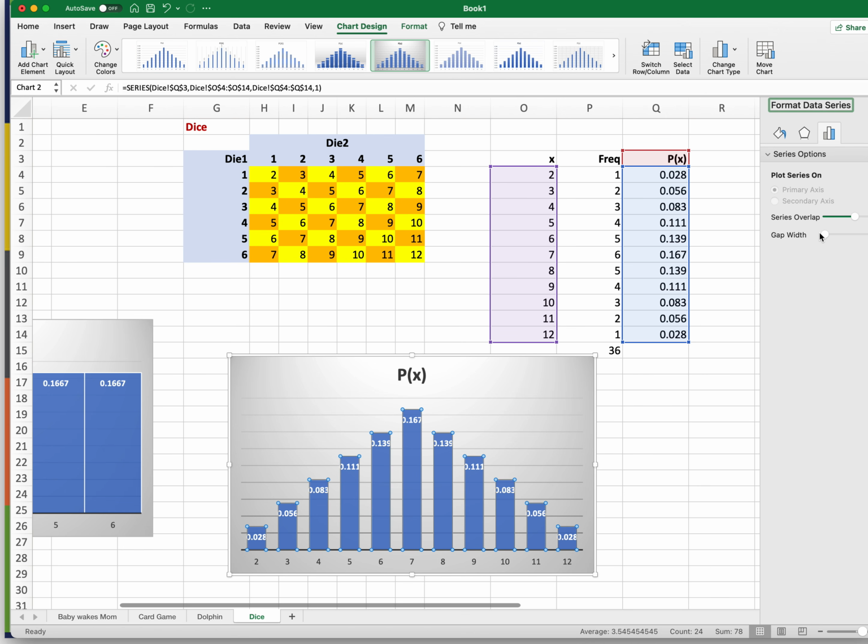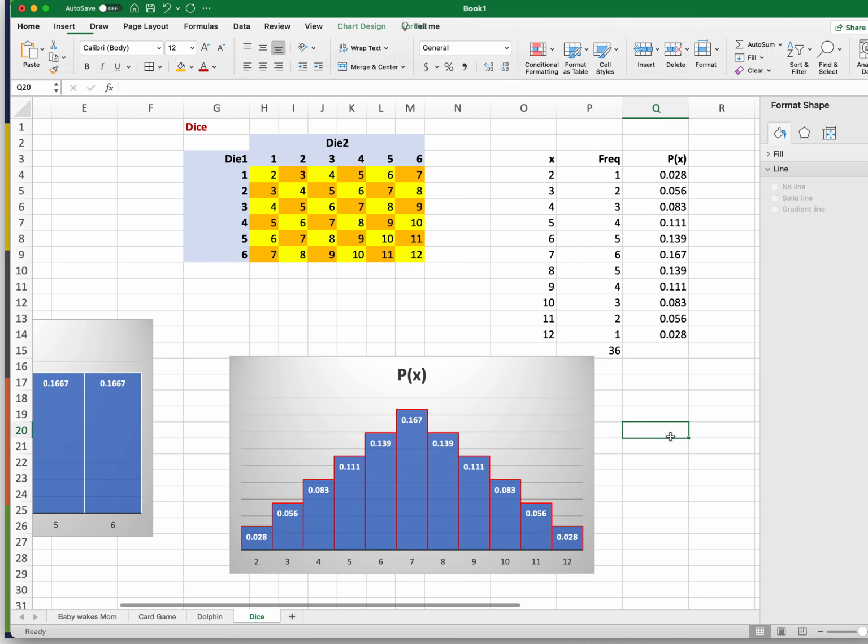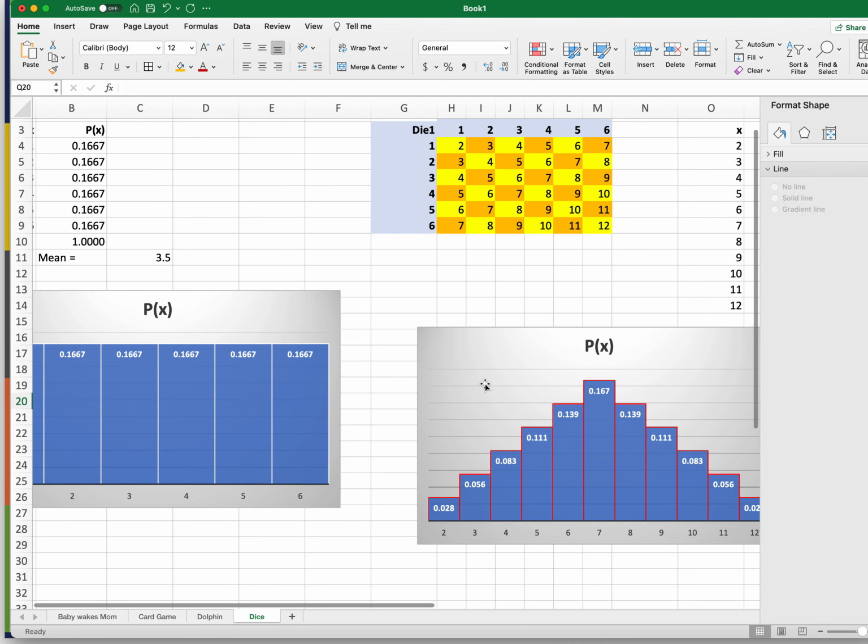Now I reduce the gap width. I go here and make it a solid line, and maybe in this case I make it red instead of white borders. And look at this. Here's the difference between the two.